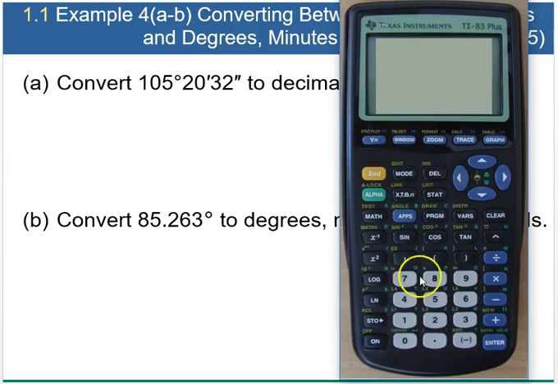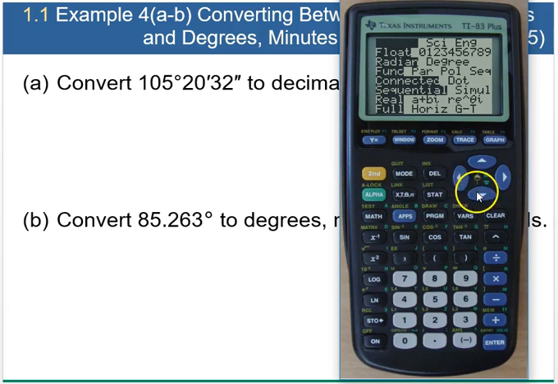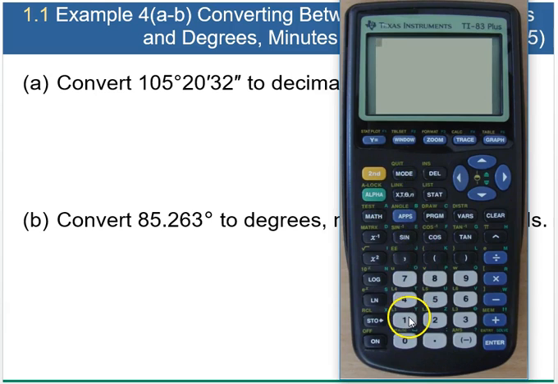Okay, so let's turn this on. So what I'm going to do is I'm going to put in, make sure you have your mode in degrees. Okay, so once you've done that, let's do this. Put in 105, and then you're going to have to hit second and then apps.